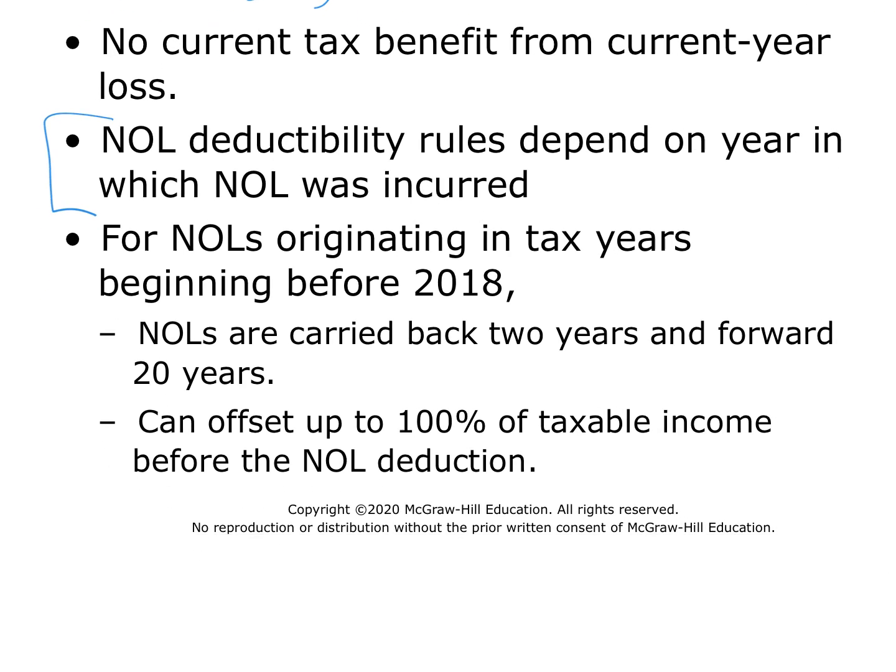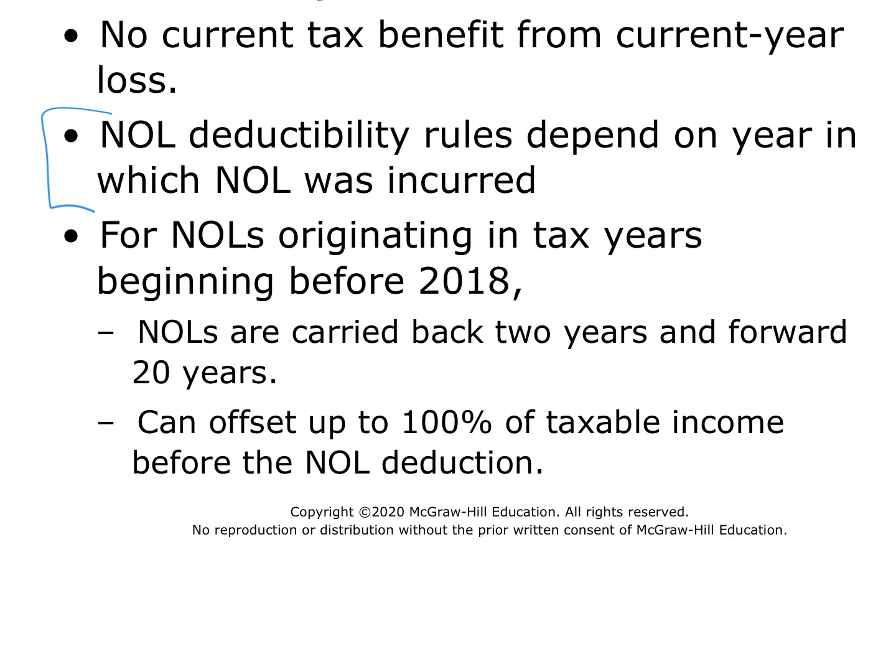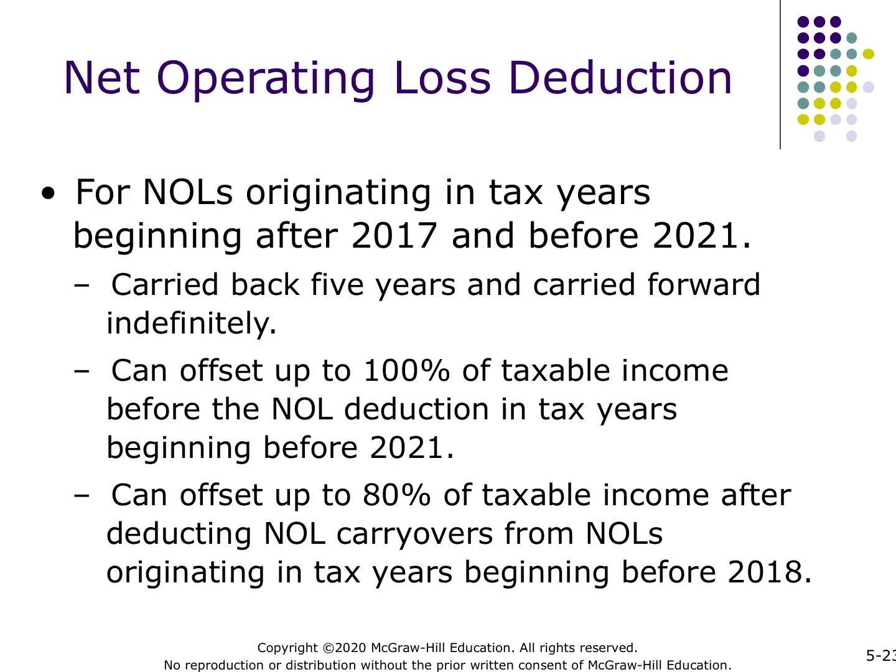So prior to 2018, so this is pre-Tax Cuts and Jobs Act, NOLs could be carried back 2 years and forward 20 years, all right? And they could offset up to 100% of taxable income, okay? The Tax Cuts and Jobs Act changed that, all right?